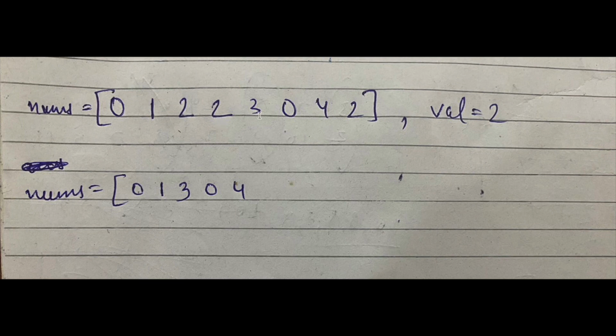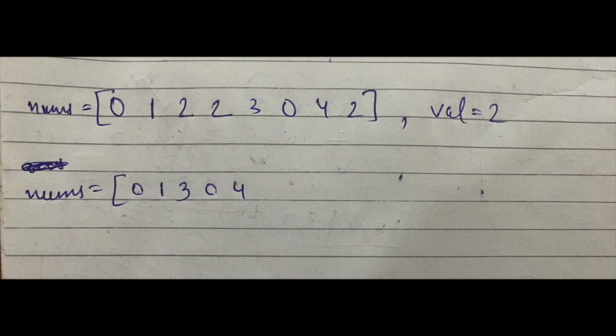I moves to 4, so 3 is not equal to 2, so at the counter position, we will place this 3. Now counter will be moved to 3, and i will be moved to 5, and 0 is not equal to 2, so we will place 0 at counter 3.